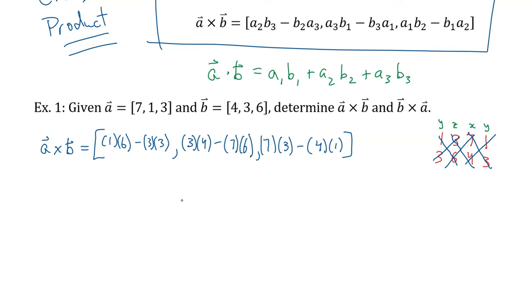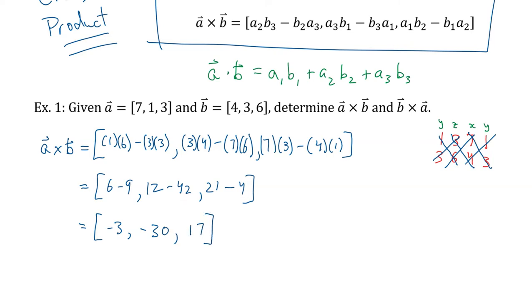Or if you want to write down as your first step, 1 times 6 is 6, 3 times 3 is 9, 3 times 4 is 12, 6 times 7 is 42, 7 times 3 is 21, 4 times 1 is 4, negative 3, negative 30, and 17.